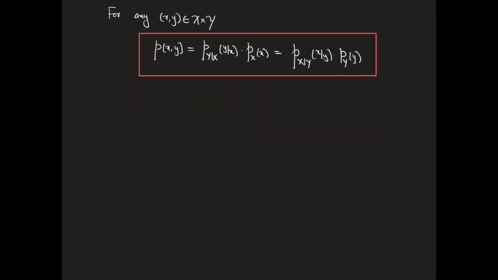The first application is going to be the definition of what it means to say two random variables are independent.